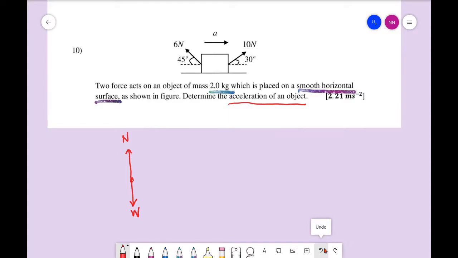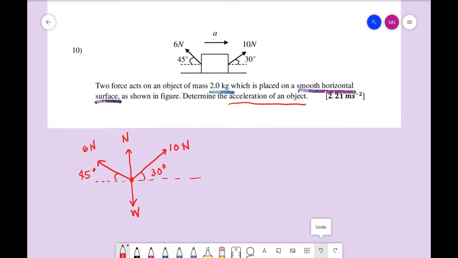And then the 10 Newton force is tilted 30 degrees to the horizontal, and the 6 Newton force is tilted 45 degrees to the horizontal.